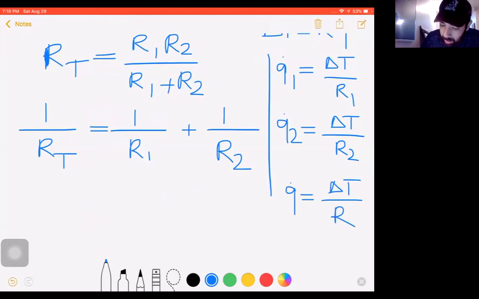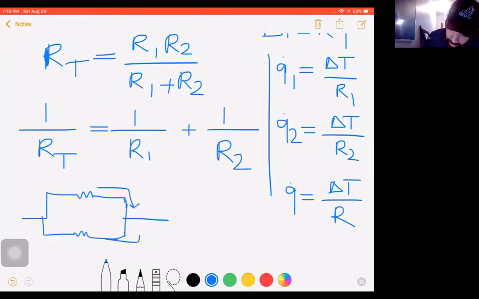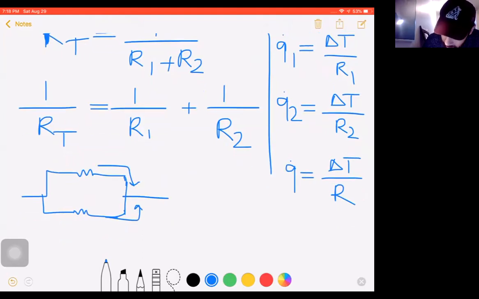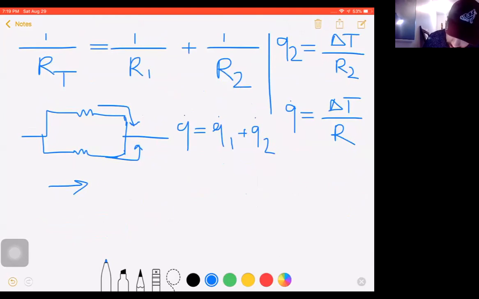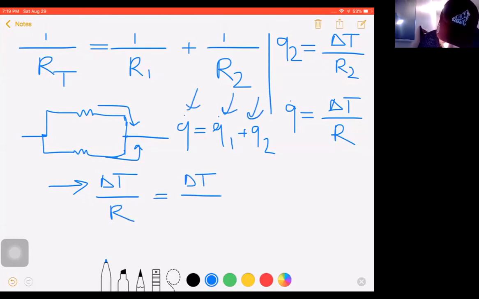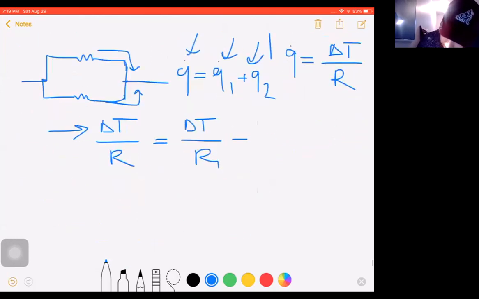Since the heat rate that is split into two lines should be added up again here, we can say Q dot total is equal to Q dot 1 plus Q dot 2, and based on that you can write the temperature difference, which is constant between the two points for each of those terms, over the equivalent R equals the temperature difference over first resistivity plus the temperature difference over the second resistivity.